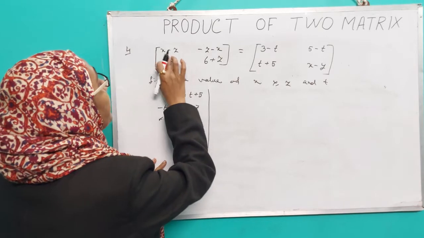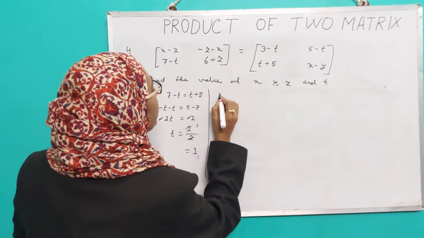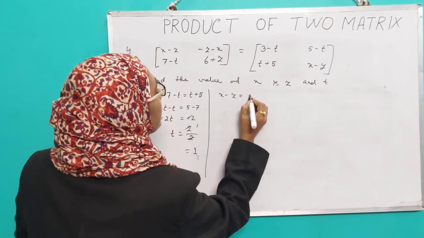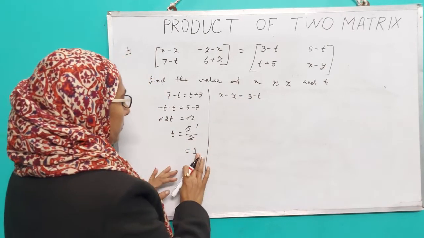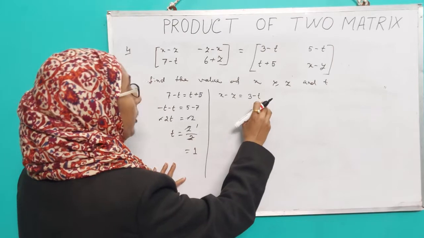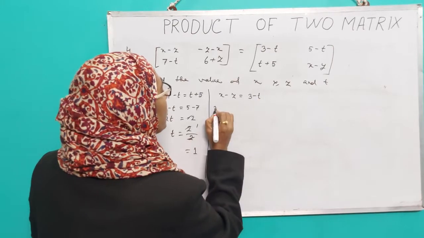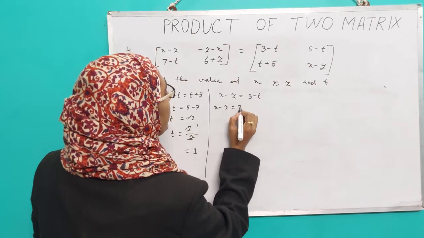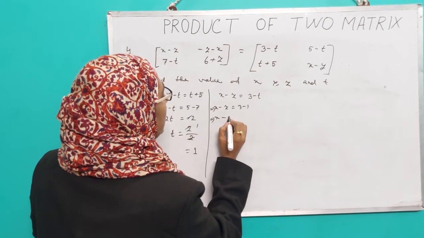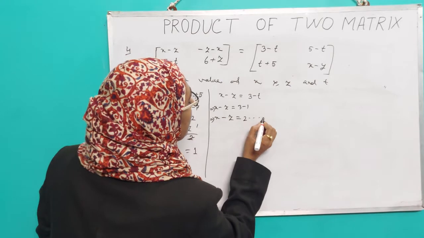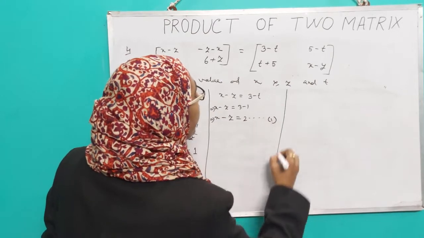Now x minus z is equal to 3 minus t. Put the value t equal to 1. So x minus z equal to 3 minus 1, x minus z equal to 2. This is equation number 1.